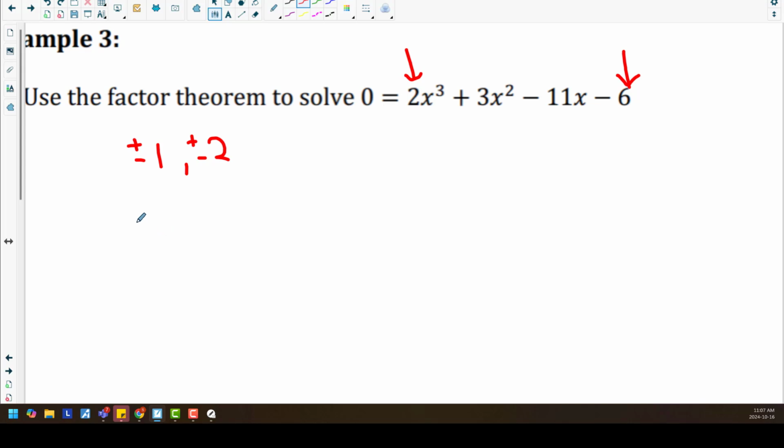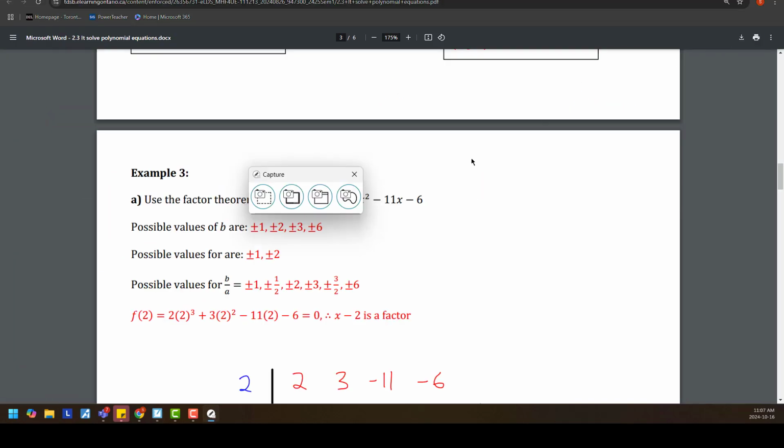So here we're going to have something like 1, 2, 3, 6, 4 numbers, and all numbers can be positive and negative. So these are all the factors for A and for B. B being the constant term, A being the leading coefficient.